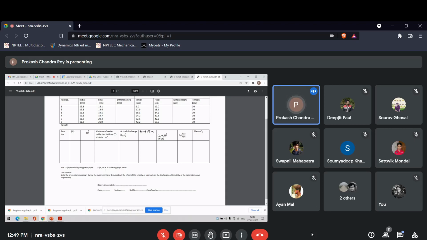So based on the height, initially you need to take this CD first, then put into the formula, you will get the actual discharge.